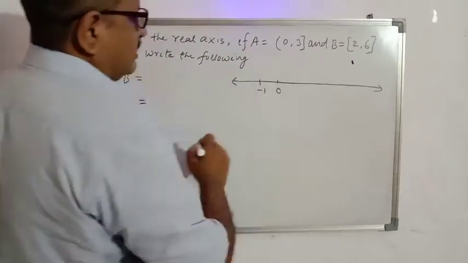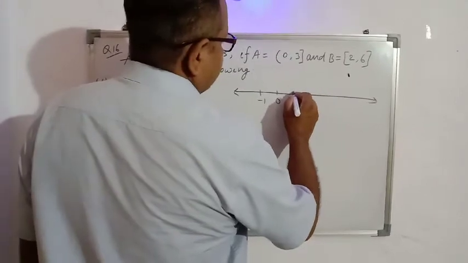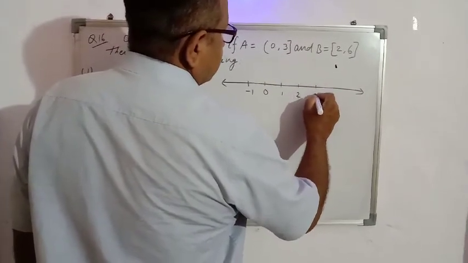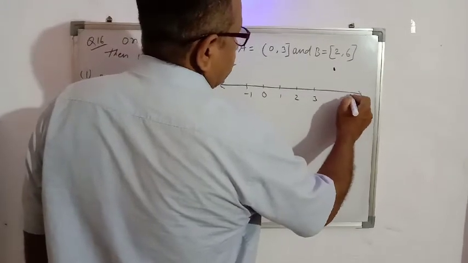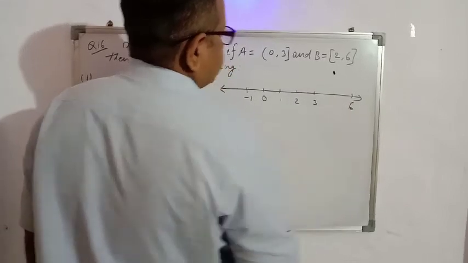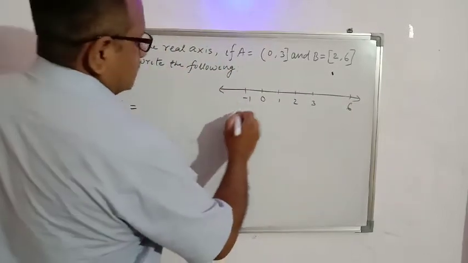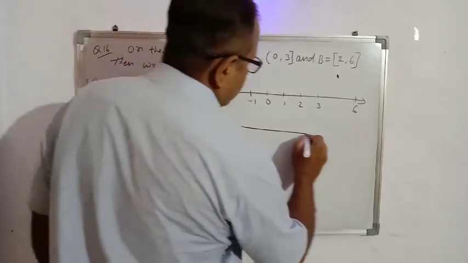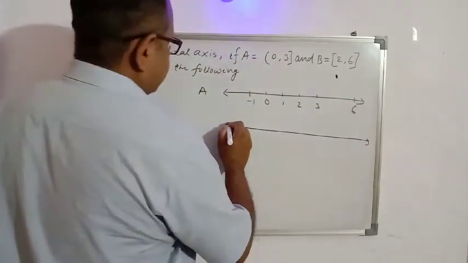On the left side we write negative numbers, on the right side positive. 1, 2, 3, and so on up to 6. This is for set A. See the set B.